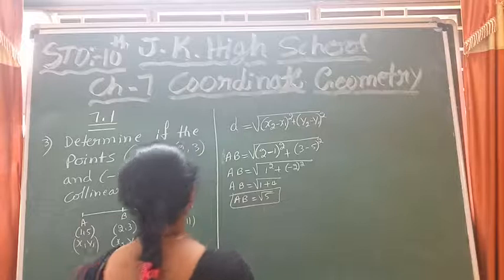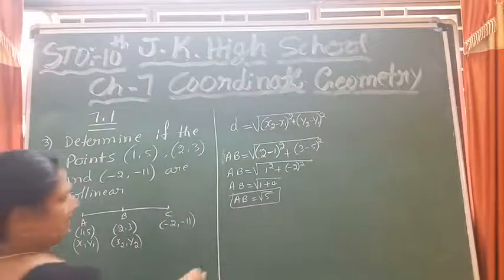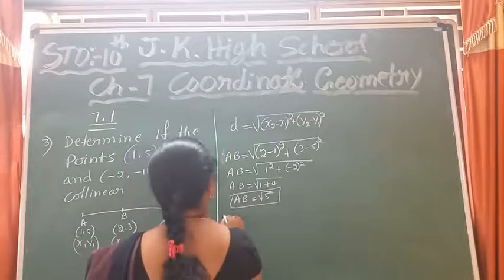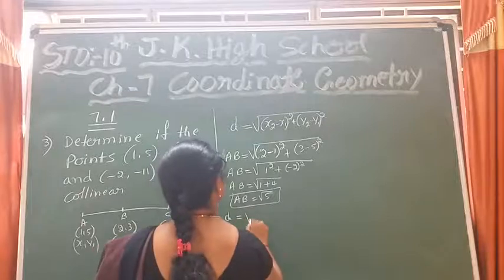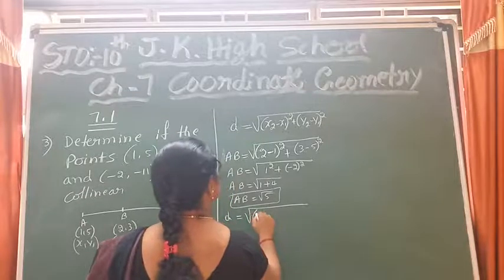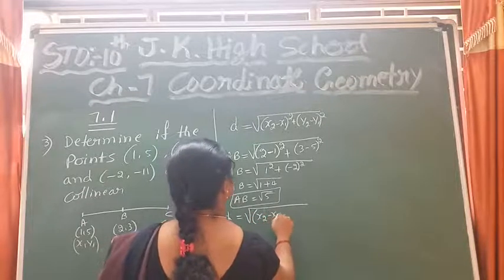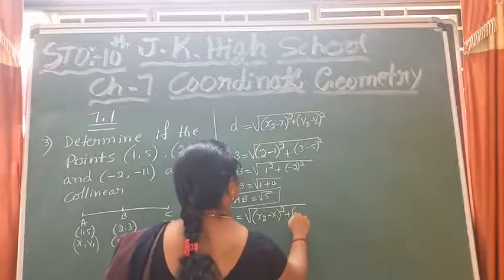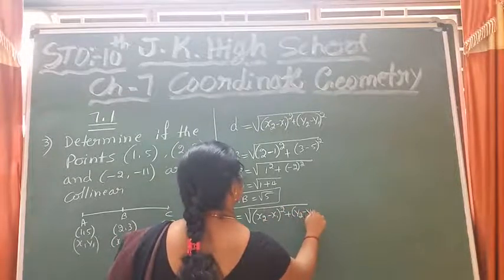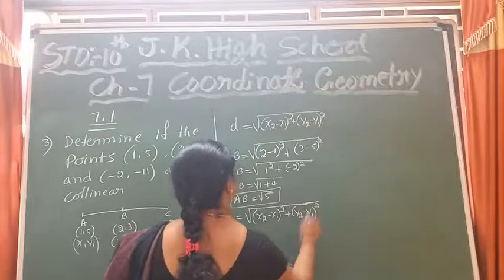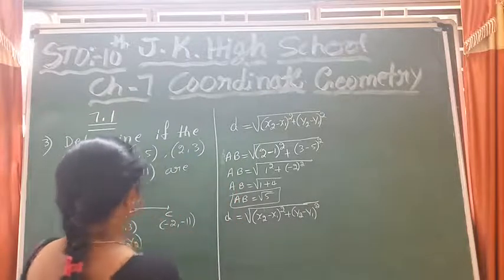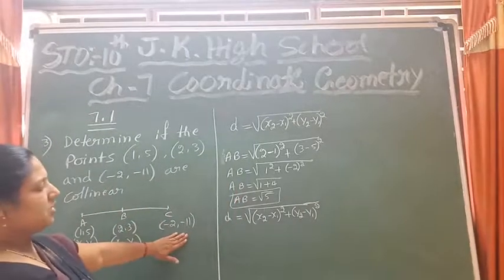In the same way I will find out the distance between B and C, by using the same formula. Distance BC is equal to square root of (x2 minus x1) whole square plus (y2 minus y1) whole square. Consider this as x1, y1 and this as x2, y2.